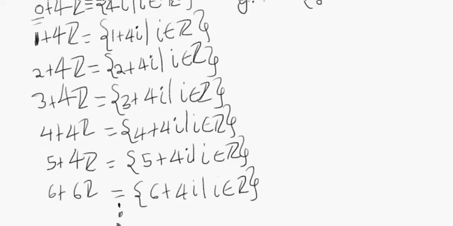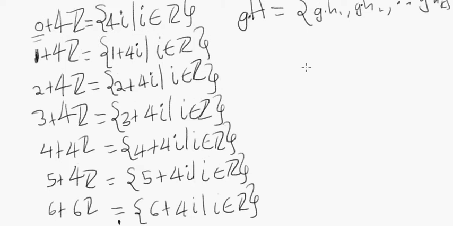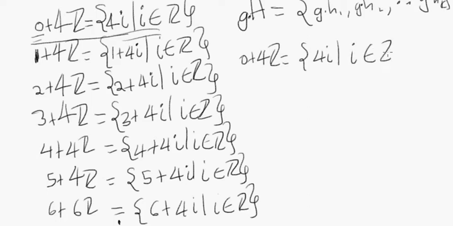And let's check that. So for instance, 0 plus 4z contains all elements of the form 4i such that i is an integer, right? That's what 4z was. 0 plus 4z we said was the set of all 4i such that i is an element of the integers.